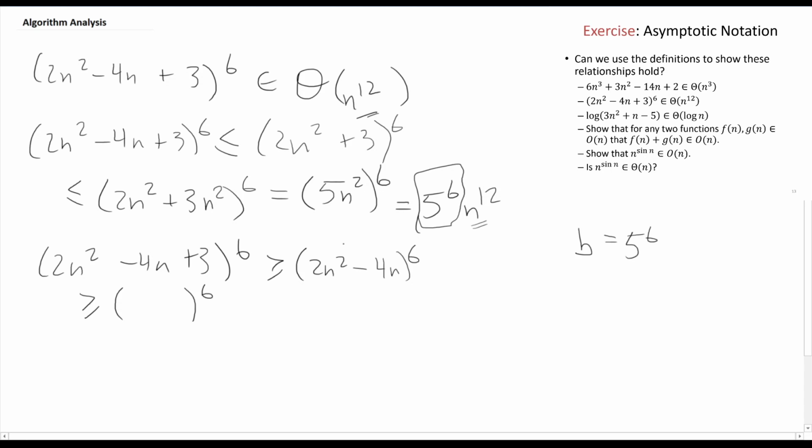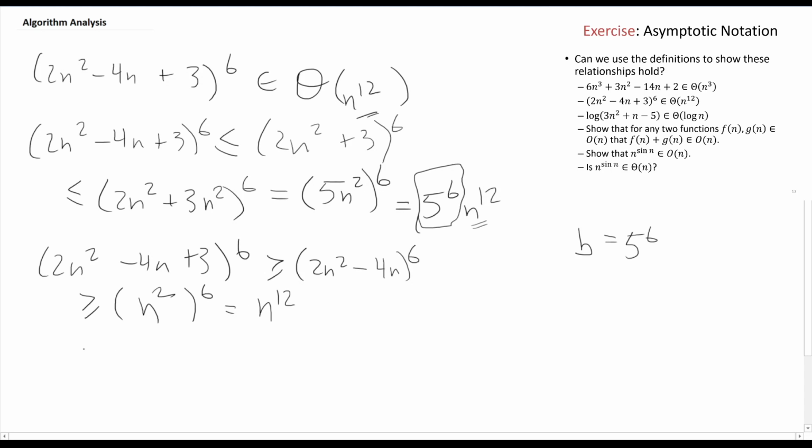Notice that 2 won't work. The minus 4n makes sure that we're smaller than 2n squared. But maybe just n squared, which would be a total of n to the 12th. So if we bet that we can make this work, then we've got a case where our a would just be a 1.